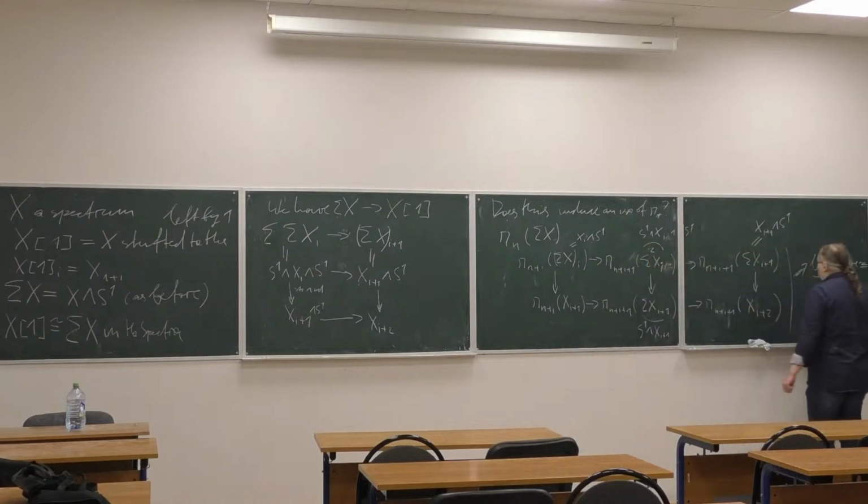So the functors x goes to sigma x, and x goes to x shifted by 1, are isomorphic in the homotopy category.